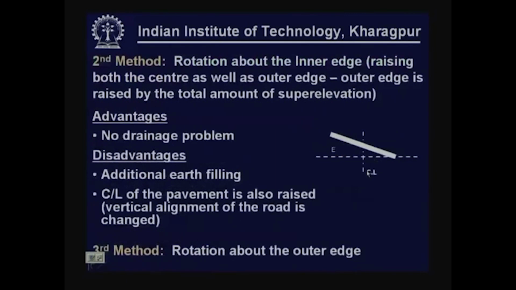Now, in order to overcome this problem, another alternative method is often used. It is also rotation of the pavement, because anyhow the pavement section with uniform cross slope equal to camber is to be rotated further in order to have the required super elevation.